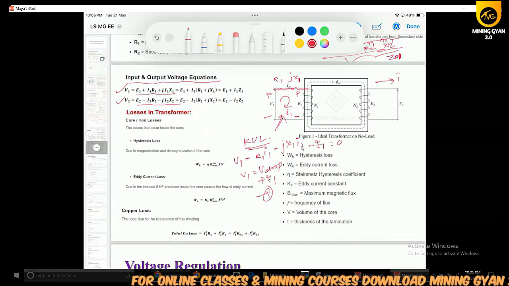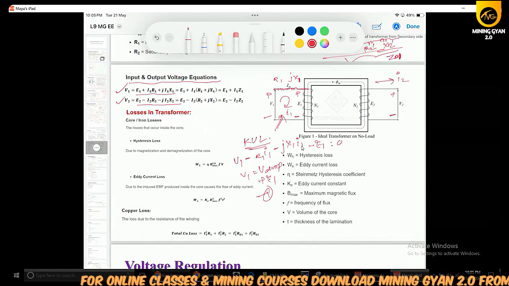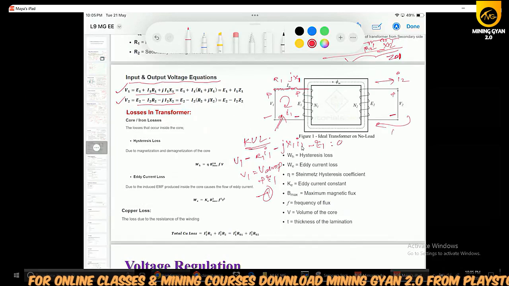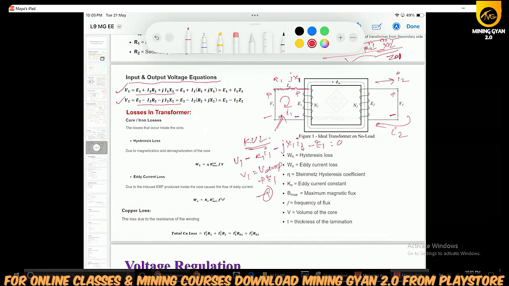If the current is flowing in this direction, this is plus, this is minus. So obviously the current will come from this direction and it will go like this, I2. So this will be the induced EMF E2, and these are R2 and X2. If you apply the KVL equation here, going in this direction, this is plus, this is minus.